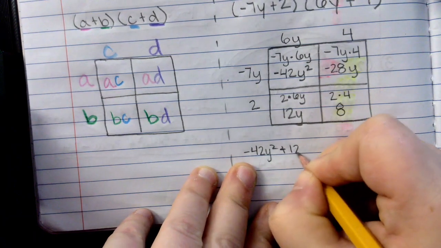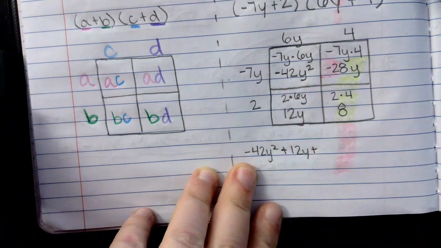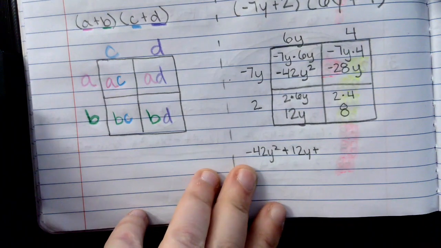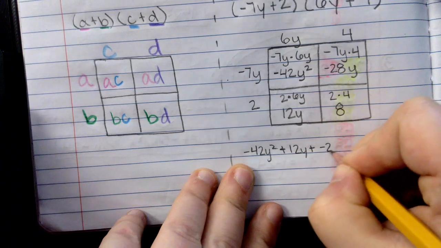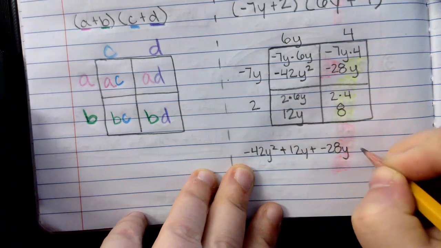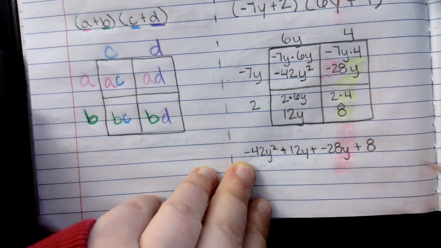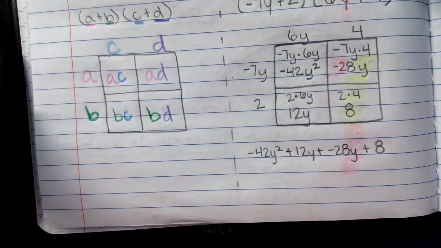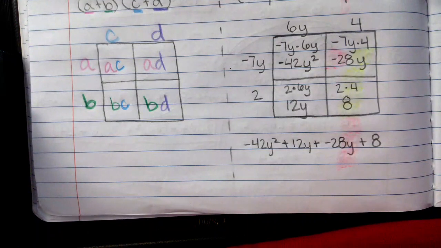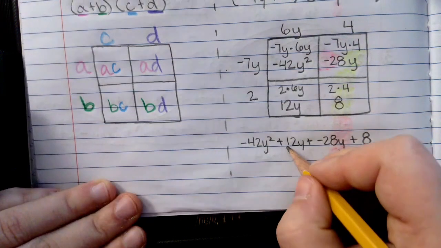And 8. Now we're not quite done yet. What makes this one not quite done yet? Yep, we have these like terms, these y's. So the negative 42y squared was still by itself. What's 12 plus negative 28?